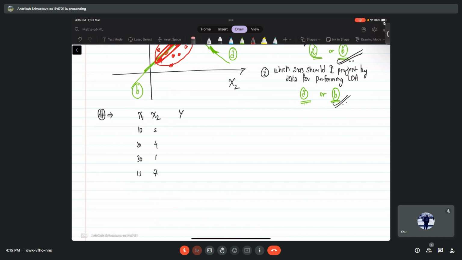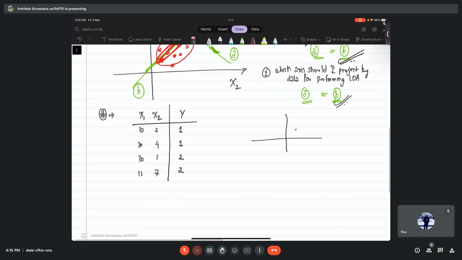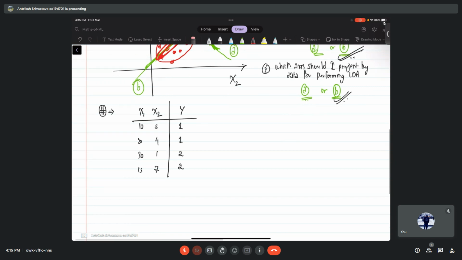And let's say that you have their labels, and for simplicity, let me just give integer labels 1 and 2. They may already be separate if you plot it. I'm just giving some rough plot, so I don't have an idea about how the scatter plot will look. This I'm just giving so that it is easier for me to explain.